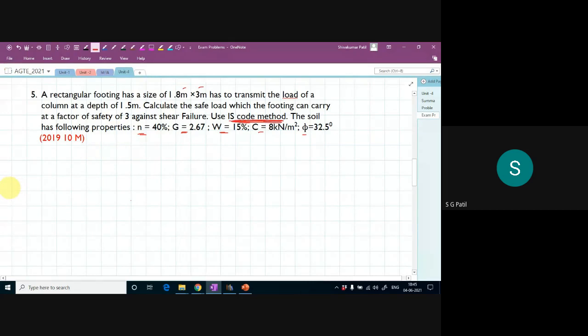Okay, so first let me draw a figure here. Again, it is a rectangular footing.